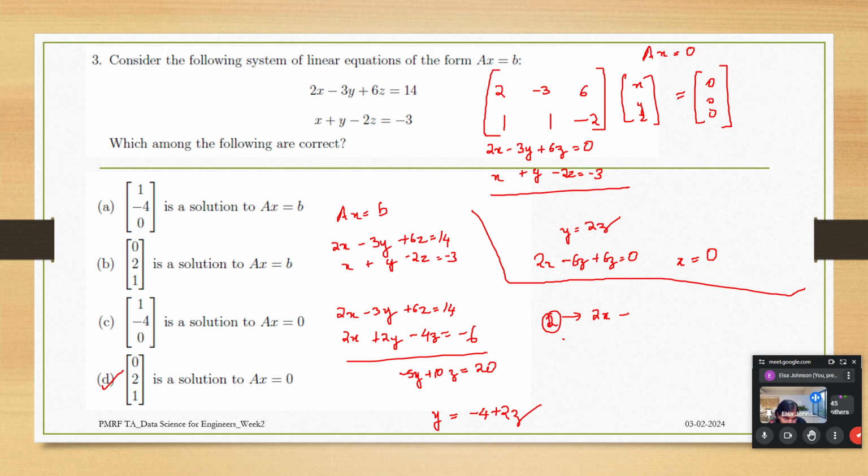Then it will be x minus 4 plus 2z minus 2z equal to minus 3. So x will be coming minus 3 plus 4 equal to 1. So one of the options you have got, so you can give it like this one.